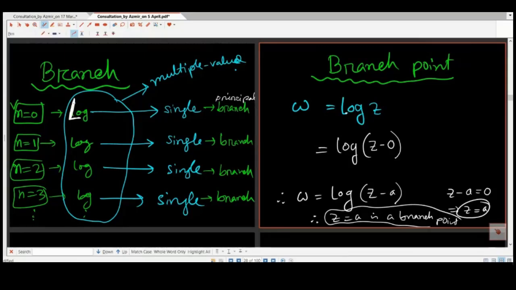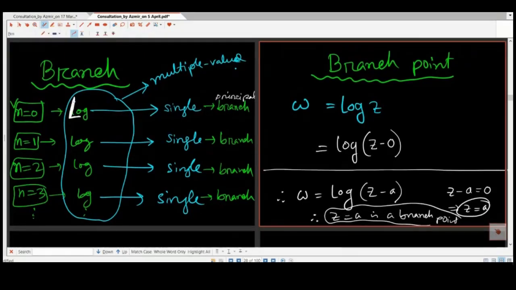So that means if we have log z, instead of z we can write z minus 0. And if we solve z minus 0 equals 0, we will get z equals 0. So z equals 0 is a branch point of complex logarithm. So complex logarithm of z means complex logarithm of z minus 0.